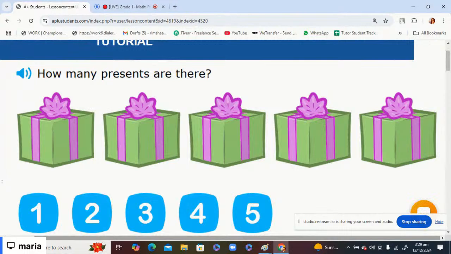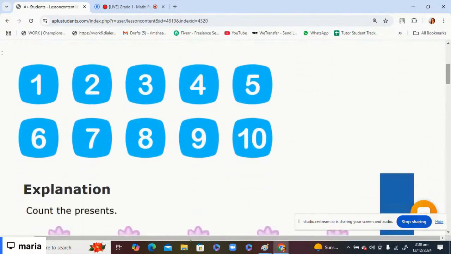Everyone tell me in the chat. It's one, two, three, four, and 5. Okay, total number of presents are 5.